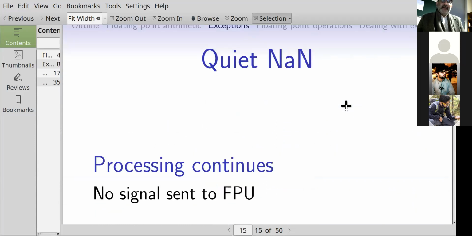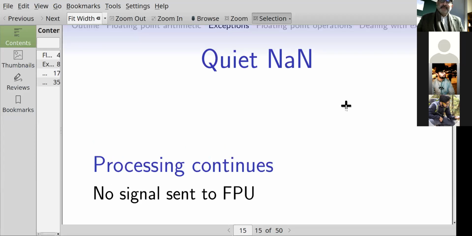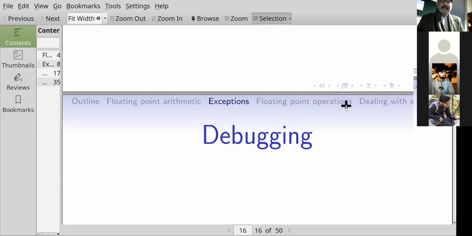And you might have a quiet NaN, and then no signal is sent to the floating point processing, and then presumably you get nonsense. Personally I think it's better to know when bad things are happening than not, but there might be reasons why you don't want the processing to stop.